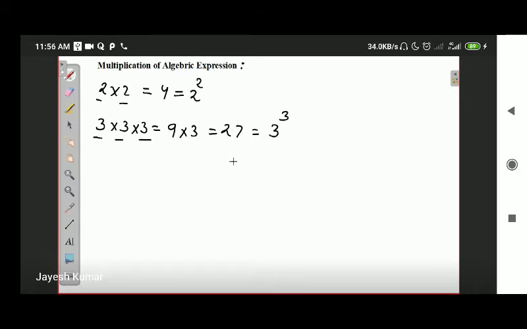Suppose I wanted to multiply 3 into 3 into 3 into 3, what would have happened? 81, or I could say 3 to the power 4. There are 4 3's, so I take the base as the most basic prime number and the power as 4. 3 to the power 4 means 3 is being multiplied with itself 4 times.